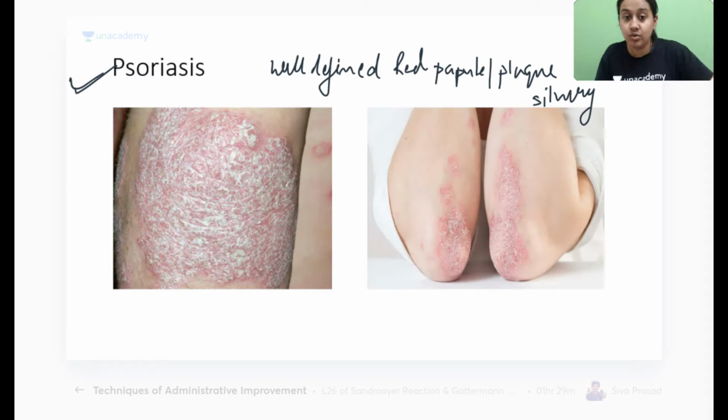Remember, never use the word purple. It completely changes the concept. Purple is for lichen planus. So don't remember purple. Remember red or erythematous or salmon color with silvery scales. So again, psoriasis becomes one of the DD of red scaly lesions.